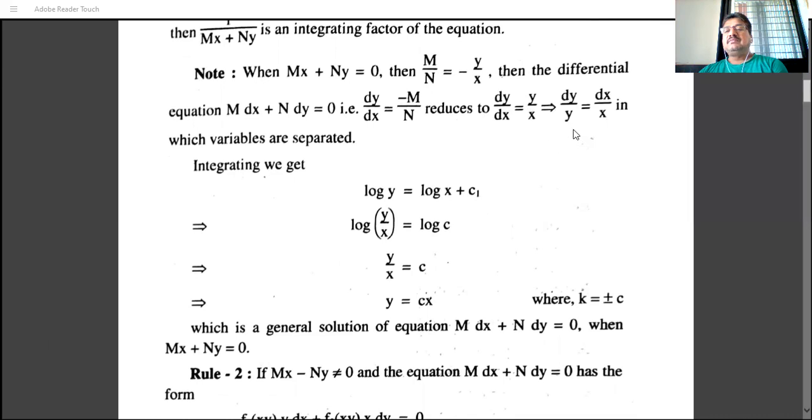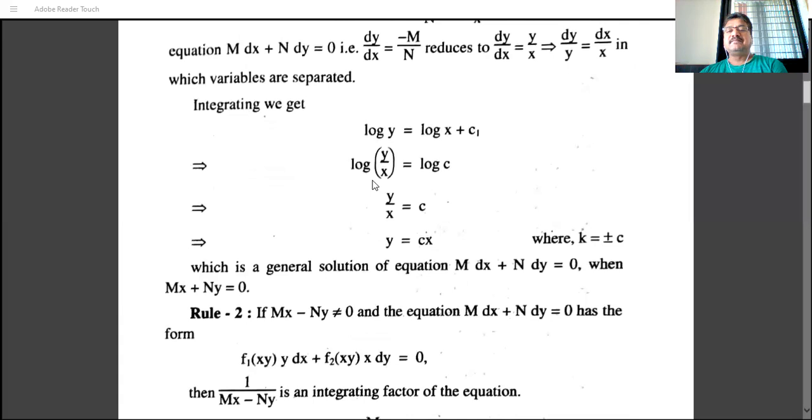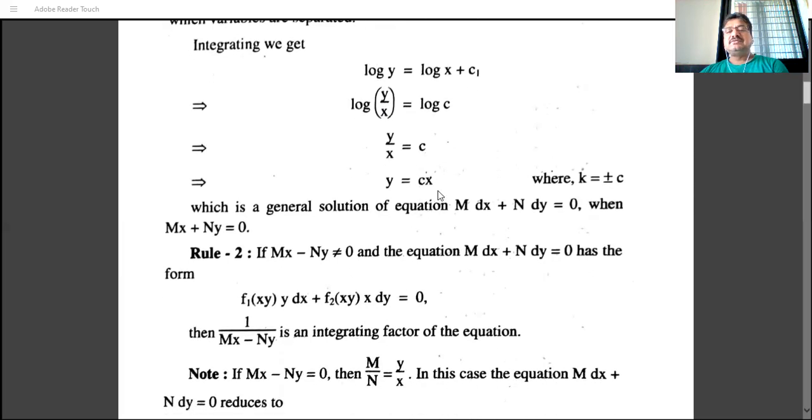So log y minus log x is log (y by x), equal to log c as the new constant. Cancelling log on both sides, y by x equals c, or y by x equals e raised to c1, with e raised to c1 as the new constant. So y equals cx, which is the general solution of M dx + N dy = 0.